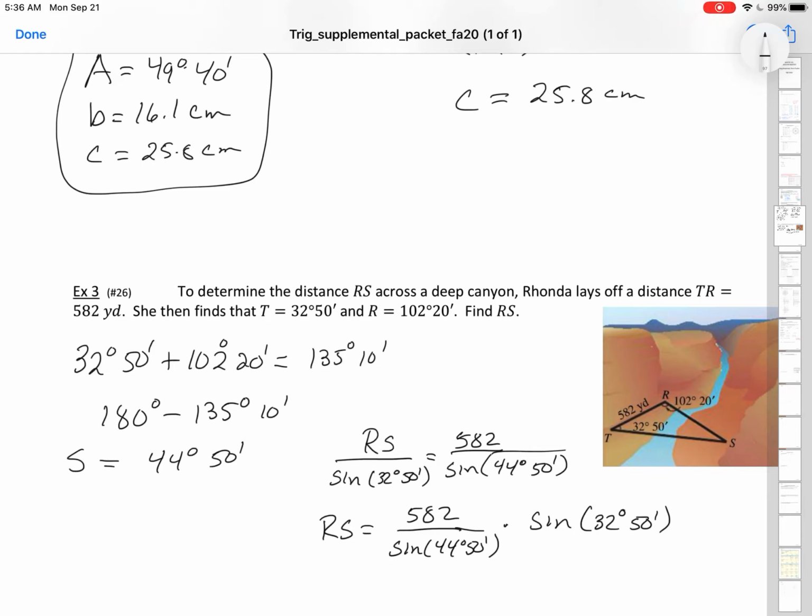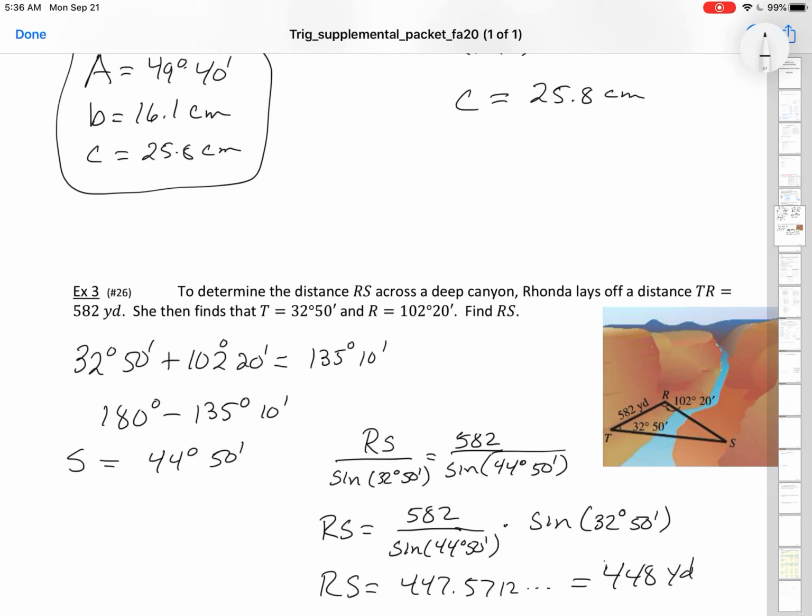And then times sine of 32 plus 50 divided by 60. Close that off, and what do we get out of that? We get an RS directly equal to 447.5712... So we're going to report the same level of accuracy that was given with the 582. We're going to report the rounded value 448 yards.